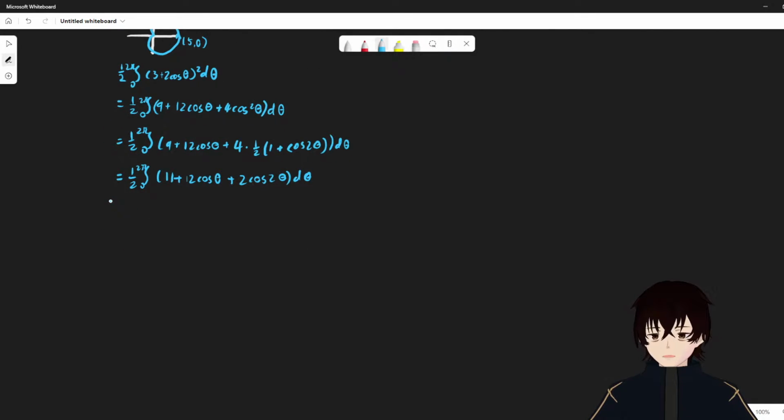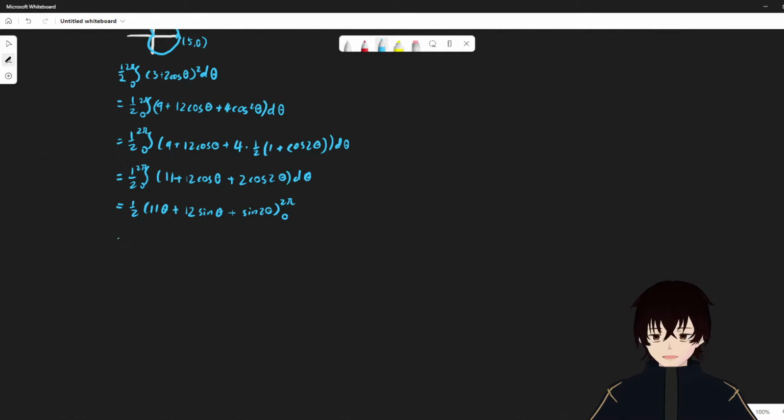Now take the integral, we get 1/2 of 11 theta plus 12 sine theta plus sine 2 theta from 0 to 2 pi.